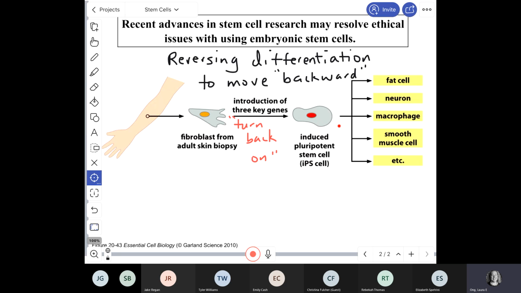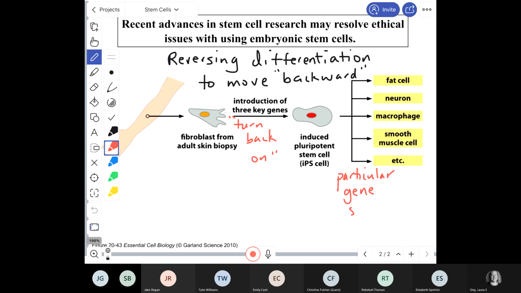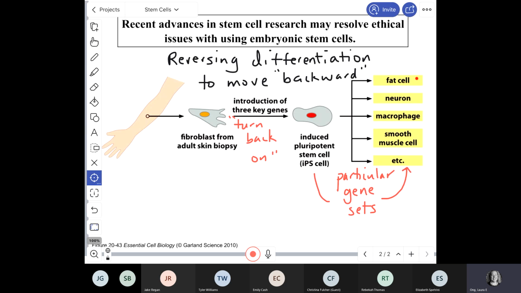And then once scientists are able to make an induced pluripotent stem cell, there is then the potential to turn certain other genes on. So find the particular gene sets that are needed for turning this induced pluripotent stem cell back into these specific tissue types.